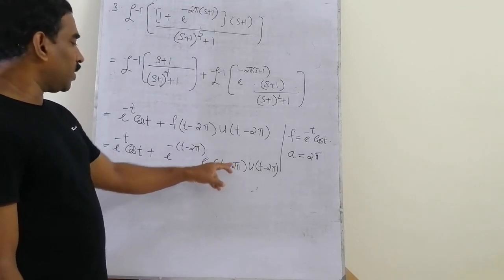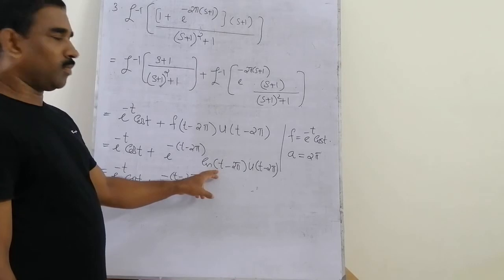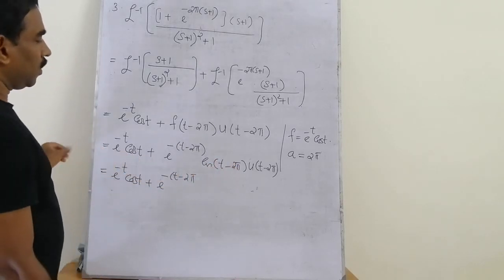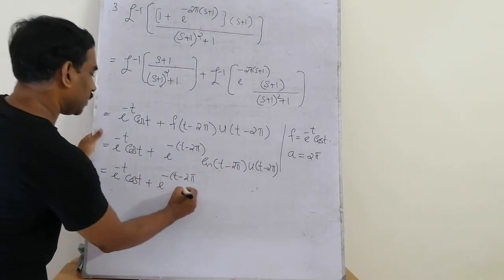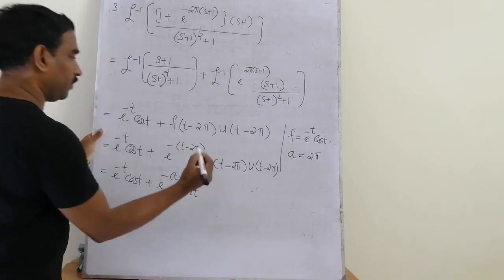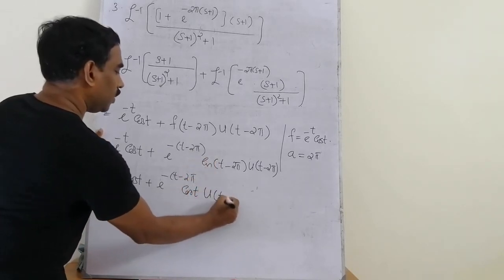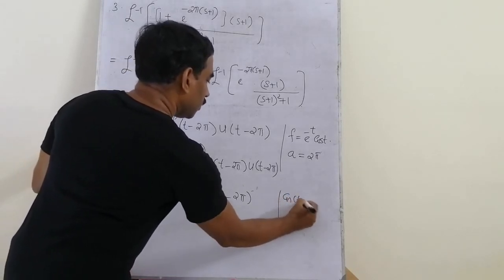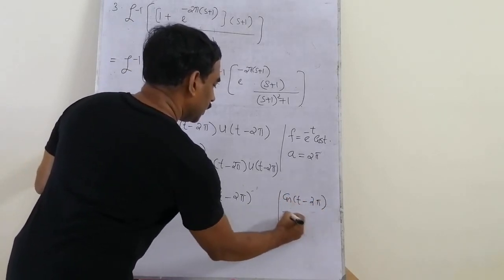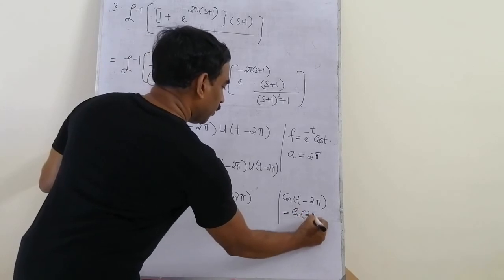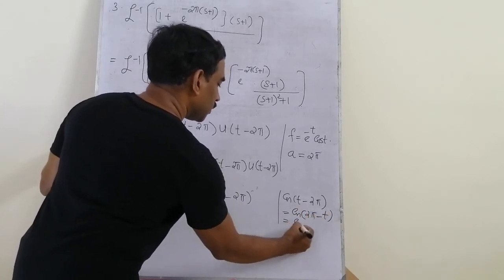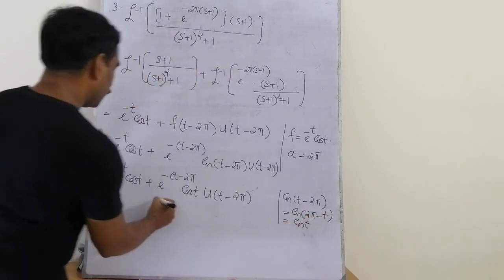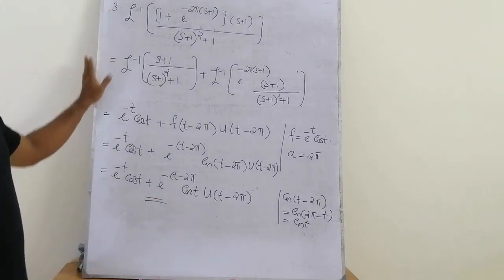And this cos (t minus 2 pi) is equal to cos (2 pi minus t), and what is cos (2 pi minus theta)? Cos (2 pi minus theta) is cos theta, so this is cos t into u(t minus 2 pi), because cos (t minus 2 pi) is same as cos (2 pi minus t), that is same as cos t. So this is the required inverse Laplace transform.